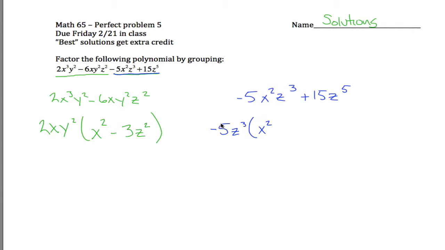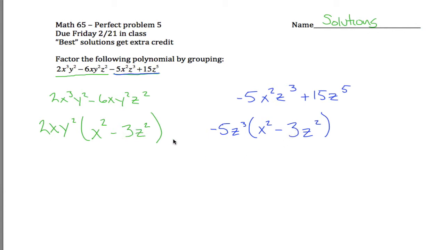Well, positive 15 divided by negative 5, a positive divided by a negative is a negative. And then 15 divided by 5 is 3. Z to the 5th divided by z to the 3rd, 5 minus 3 is 2. So if I pull out negative 5z cubed from these second two terms from my second group, I'm left with x squared minus 3z squared.